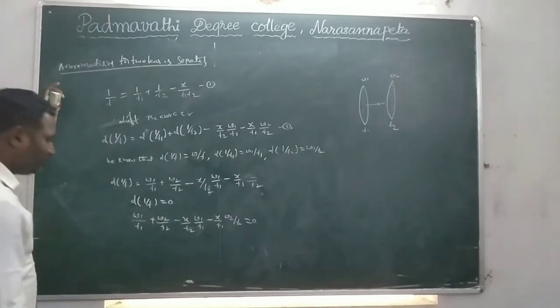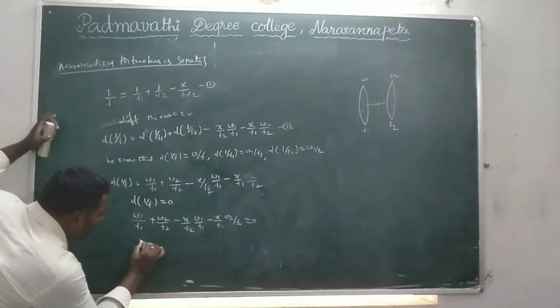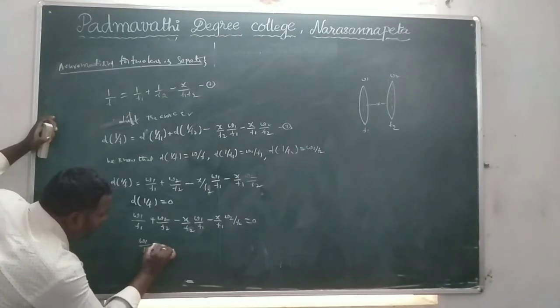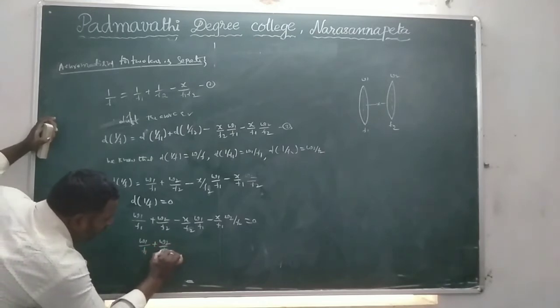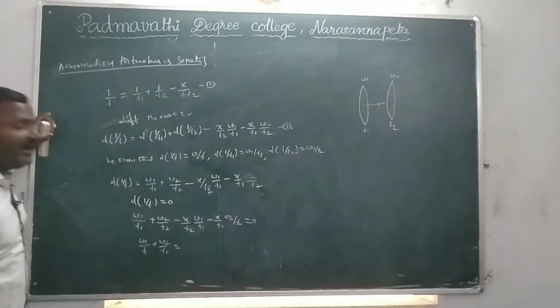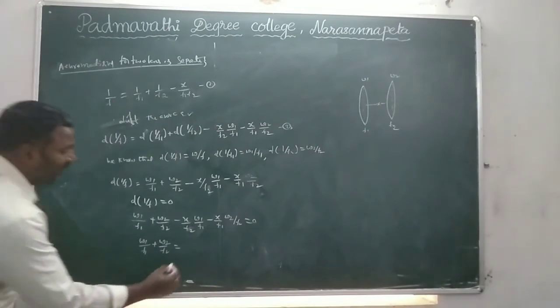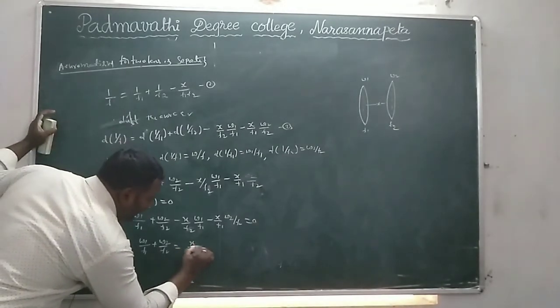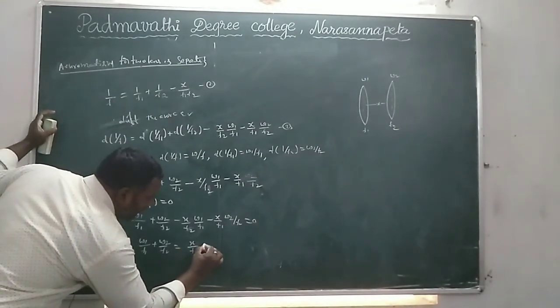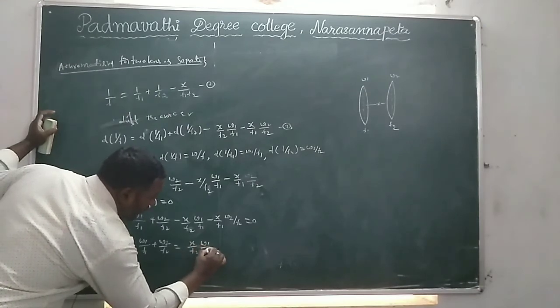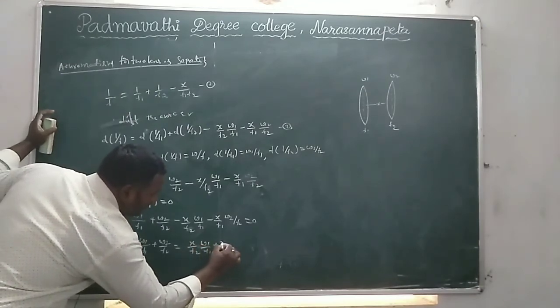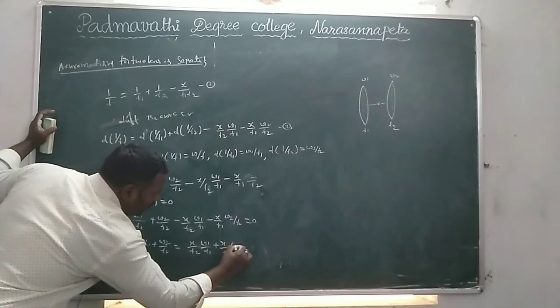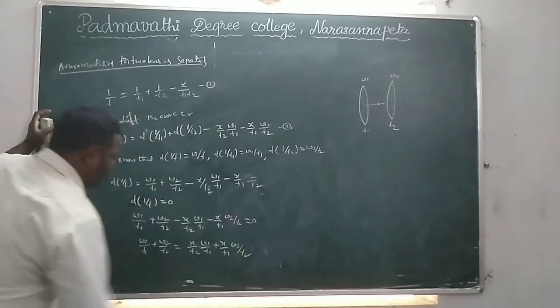Therefore omega 1 by f1 plus omega 2 by f2 is equal to x by f2 into omega 1 by f1 plus x by f1 into omega 2 by f2.